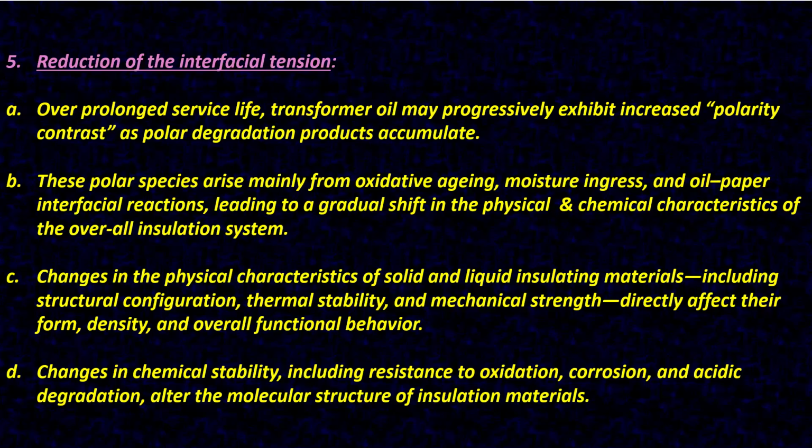Changes in the physical characteristics of solid and liquid insulating materials, including structural configuration, thermal stability, and mechanical strength, directly affect their form, density, and overall functional behavior. Changes in chemical stability, including resistance to oxidation, corrosion, and acidic degradation, alter the molecular structure of the insulation materials.